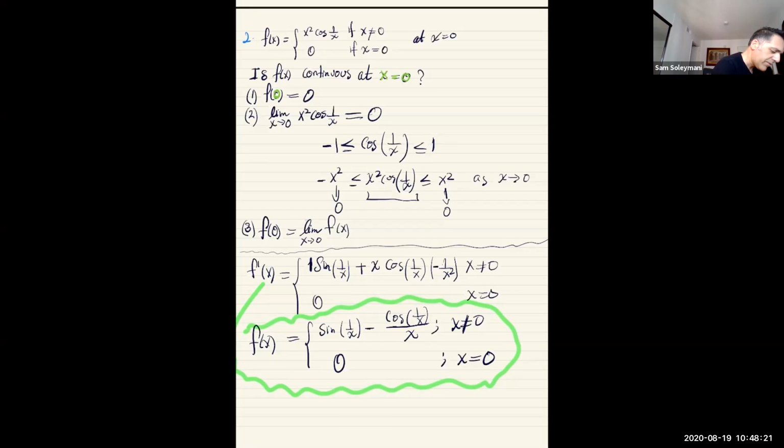I don't know how I got the previous derivative. I just have no idea. And then we have plus sine of 1 over x. Sorry about that. I have no idea how I got my derivative here.